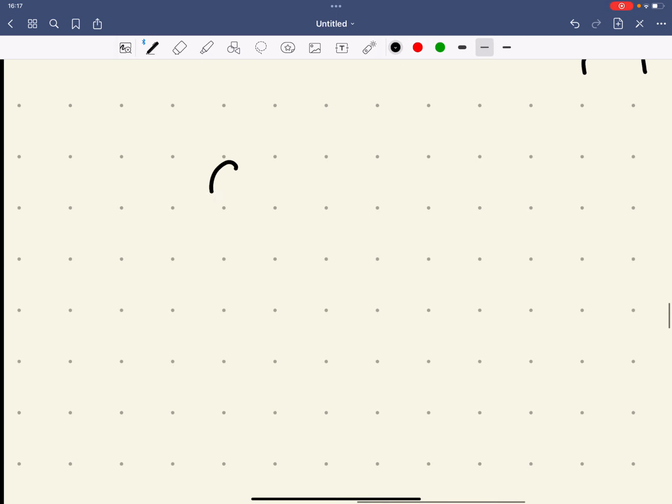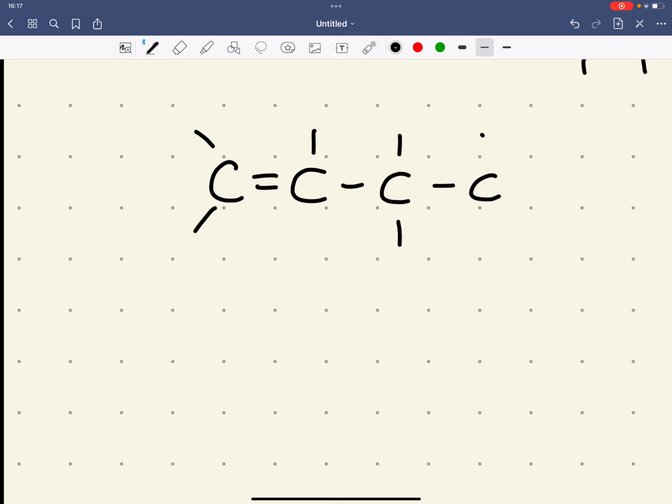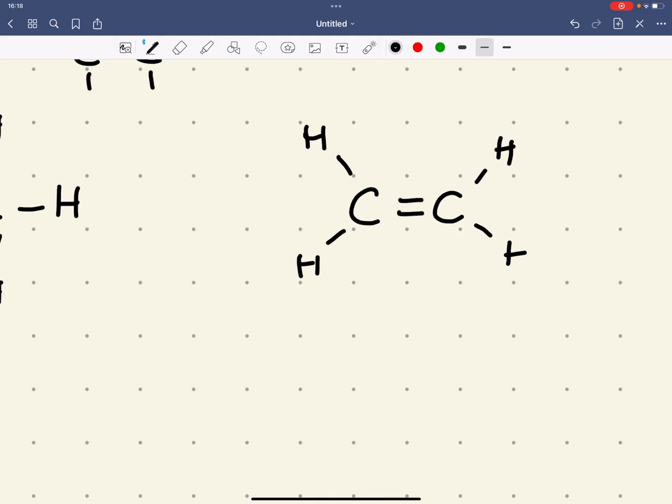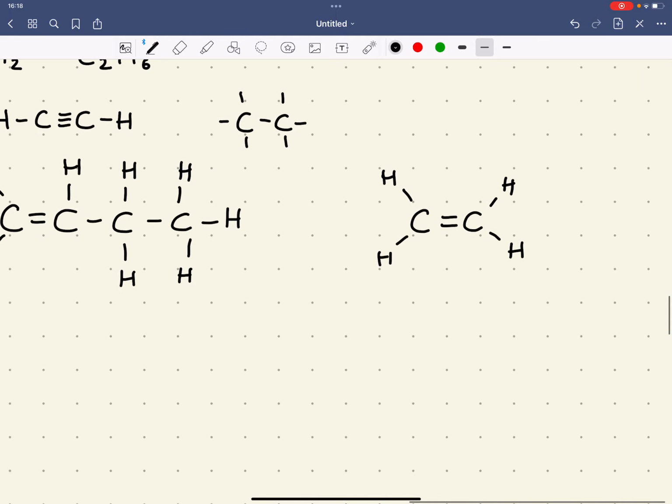Very quickly, C4H8 could be but-1-ene or but-2-ene, and C2H4 is ethene. So you can see that both species have got one double bond.